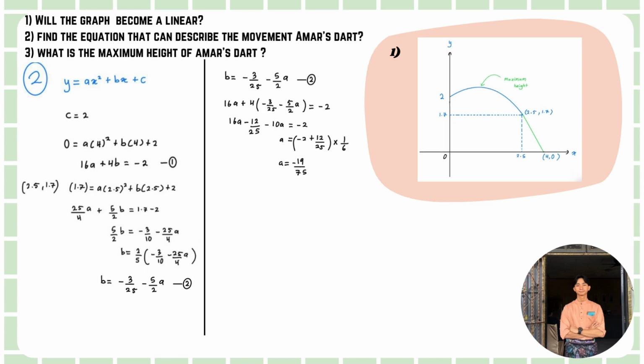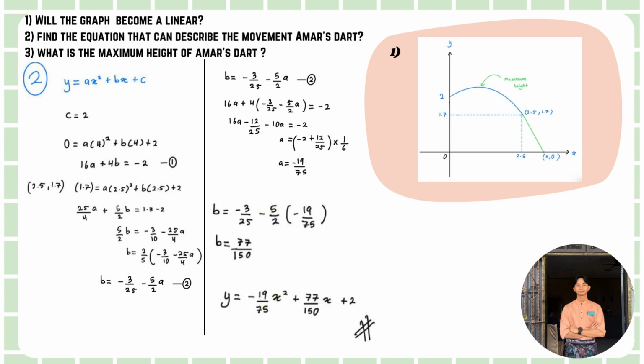And from that second equation, we substitute the value into the first equation in order to get the value of a, which is -19 over 75. And from then, we can get the value of b by substituting it in any equation, which is b equals 77 over 150. And we will get the quadratic equation, which is y equals -19 over 75 x squared plus 77 over 150 x plus 2.